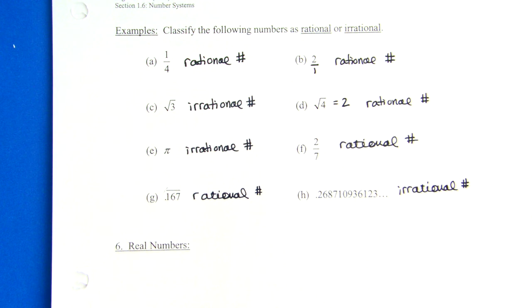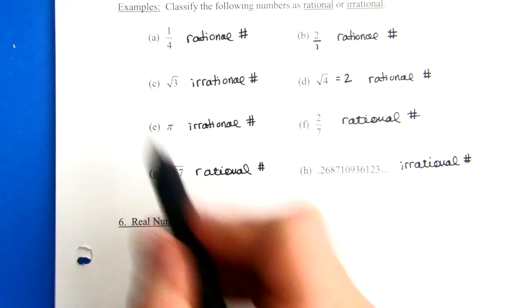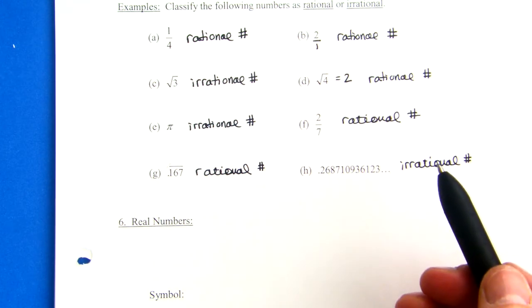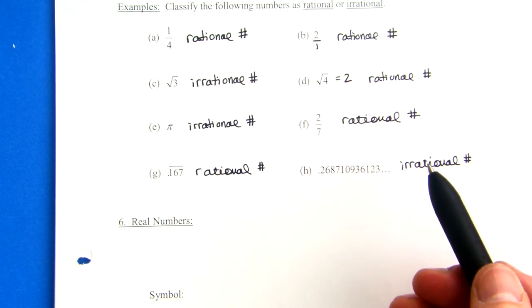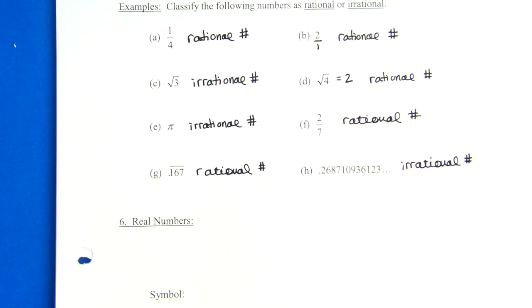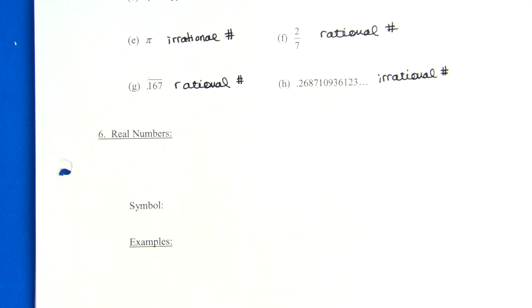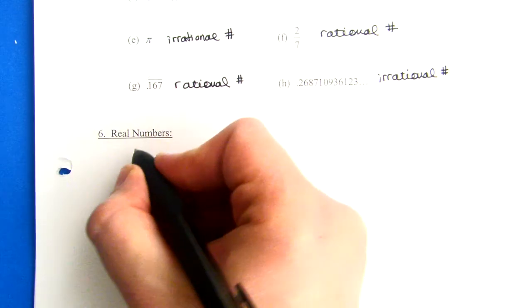Next, and this is what I started talking about earlier before I was really ready to talk about it. These are all the types of numbers that you saw in Algebra 1. We just want some way of grouping them all together, some umbrella name for all these different types of numbers. We're going to call this umbrella the real numbers. A real number is any rational or irrational number.